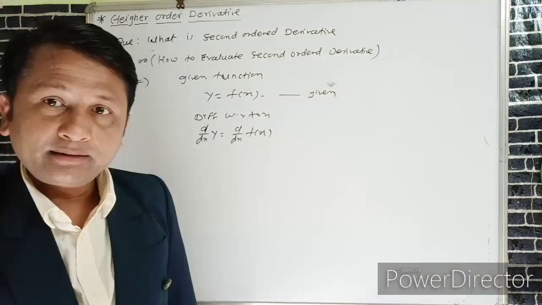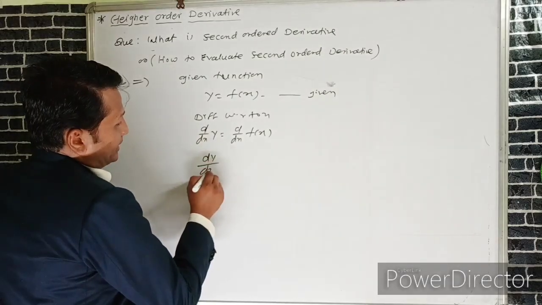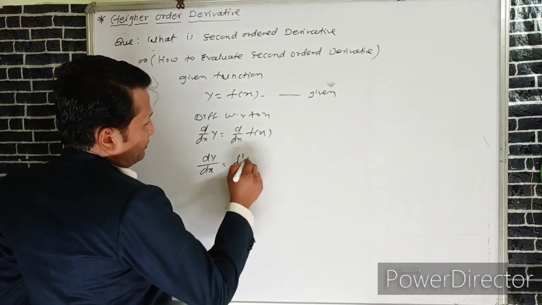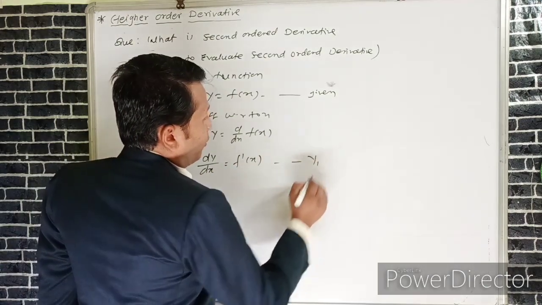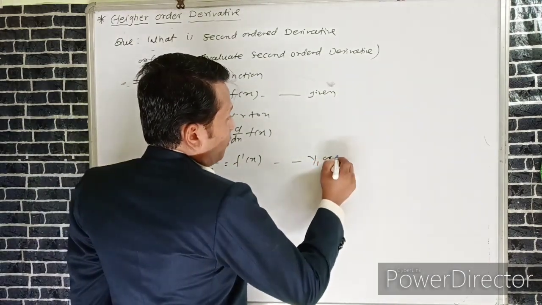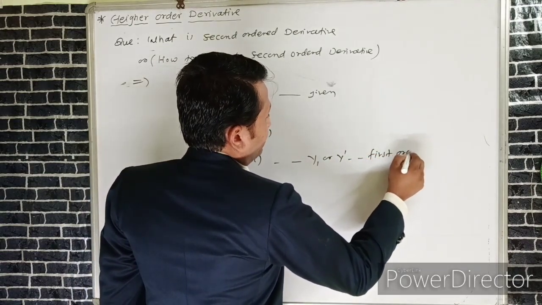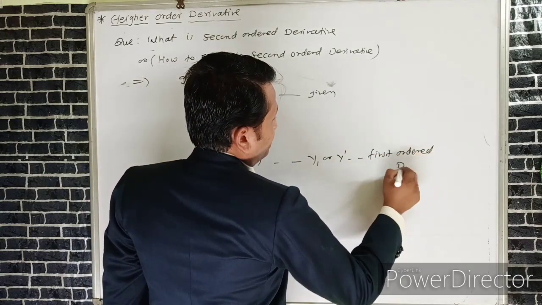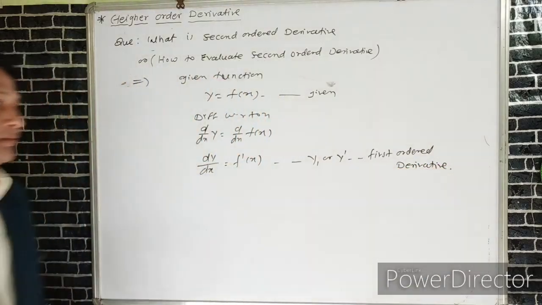After that, we can write dy upon dx is equal to f dash of x, or also y1 or y dash, which is called the first order derivative.